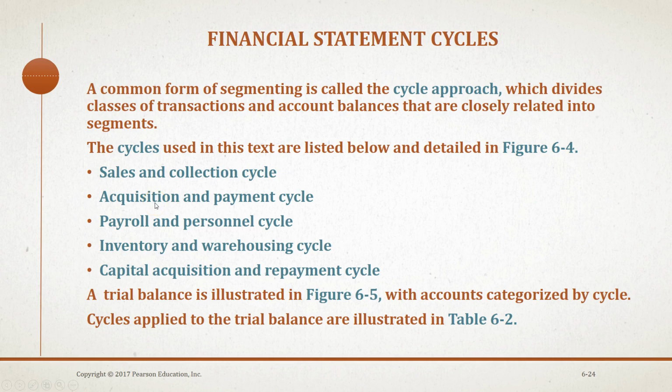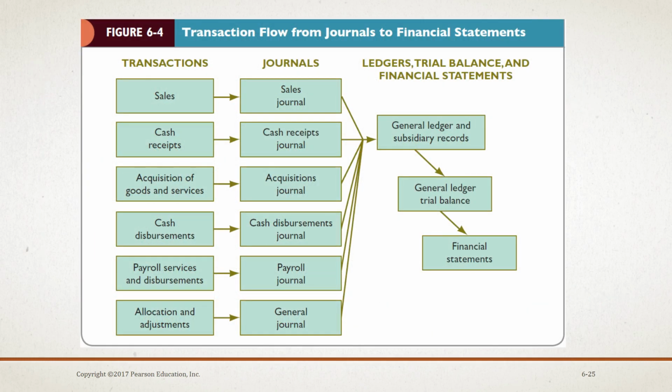The acquisition and payment cycle for our expenses, payroll, inventory, capital acquisition for fixed assets. So when an auditor is looking at all of these different items, they want to look at it together. It would be very silly for one person to audit the sales cycle and another the accounts receivable. It makes better economic sense to audit them together.